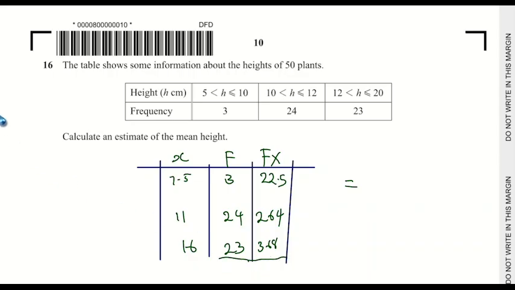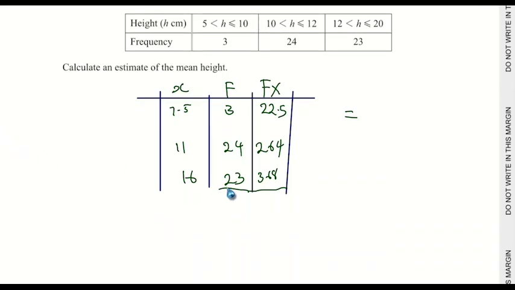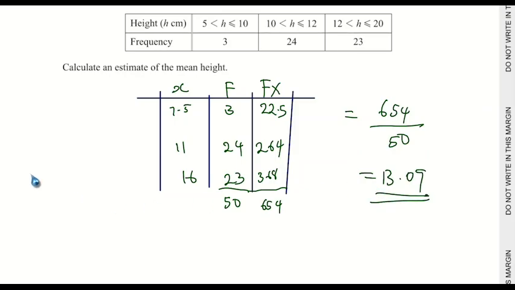Already we know that the sum of the frequencies is 50, right? And the sum of this will be, let's see, 654. So it will be 654 divided by 50. So this gives 13.09. So that is the solution to question 16.